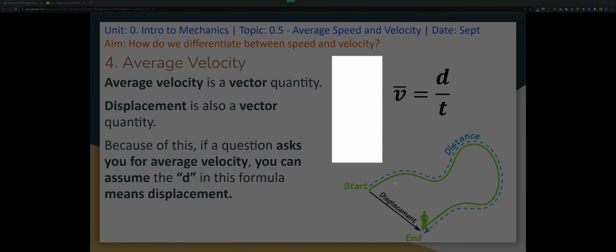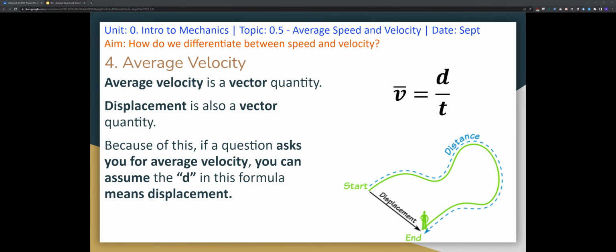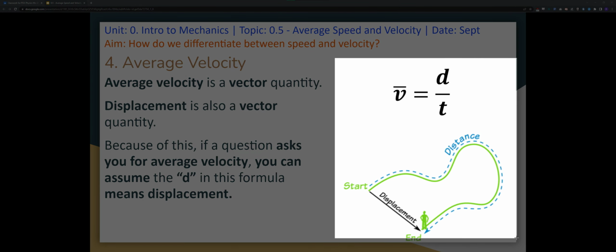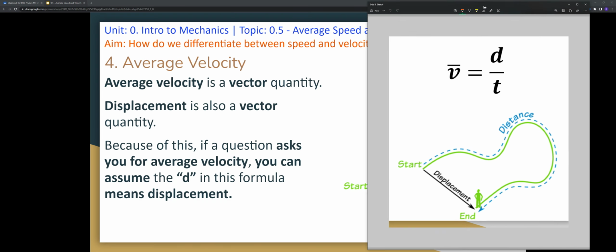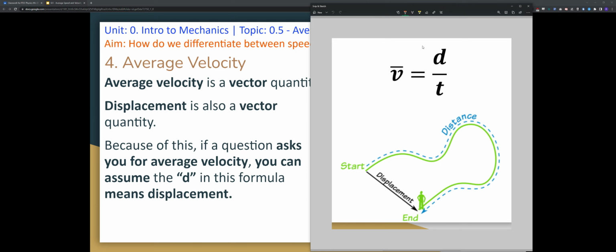Now, on the other hand, if we're dealing with velocity, right? If the question is looking for velocity, well, we know that velocity is a vector quantity. Well, how do you know? Because I say so right now.